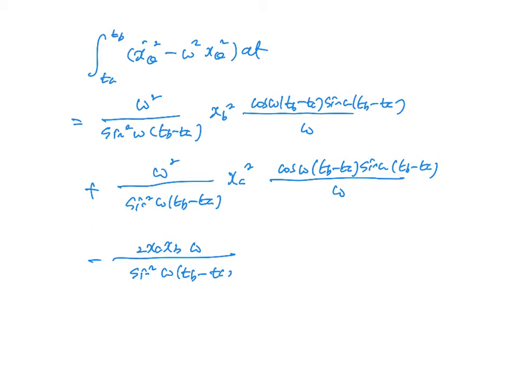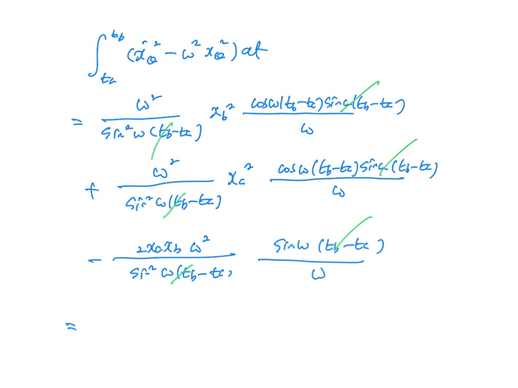Omega square, omega, sine omega (tb minus ta). So we can put them together. This is a common factor, and one of those cancels.